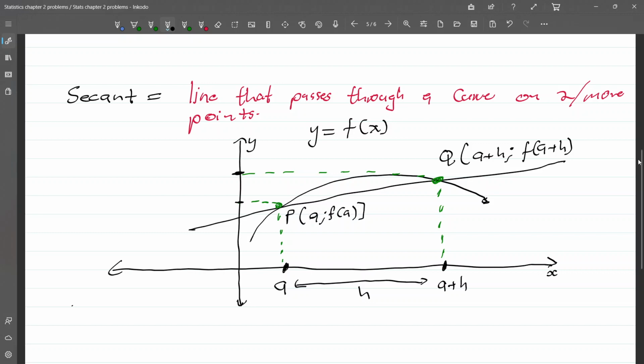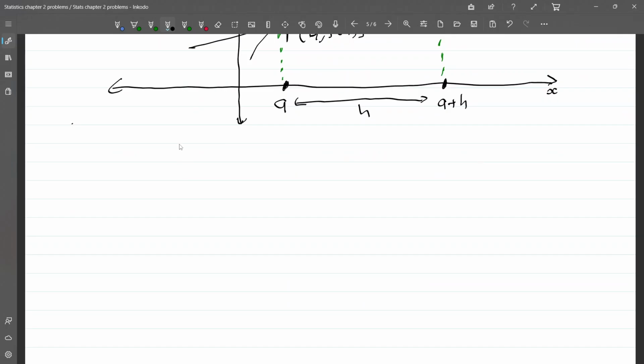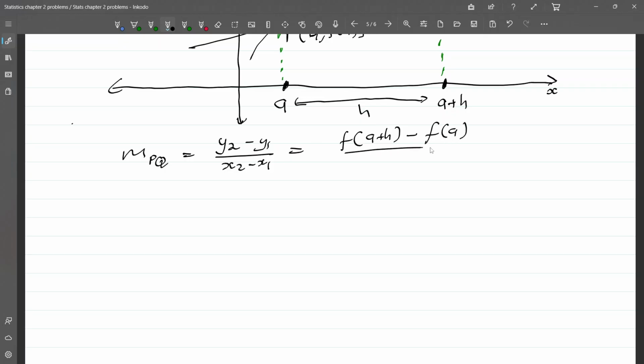So now let's try to find the gradient between P and Q, let's call it m PQ, which is y2 minus y1 over x2 minus x1, which will be f of a plus h minus f of a over a plus h minus a, which is just f of a plus h minus f of a over h.